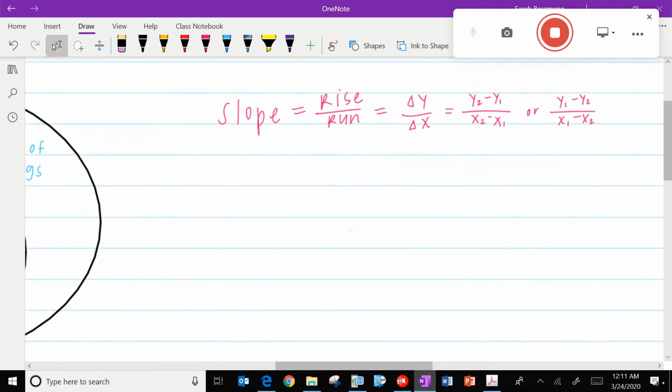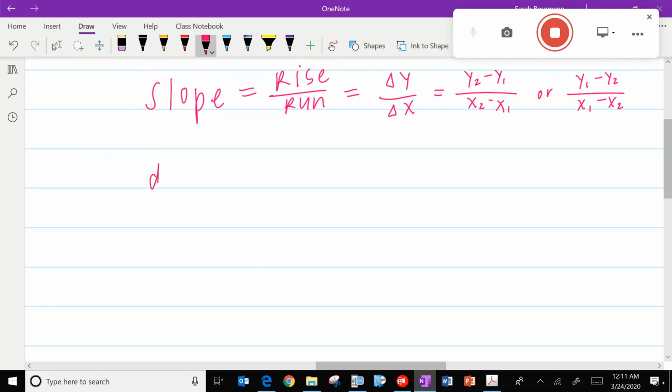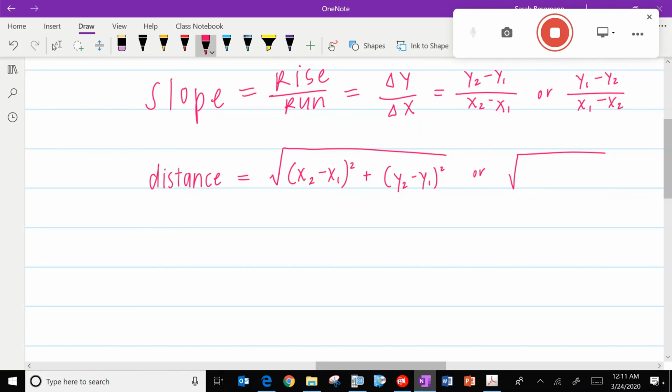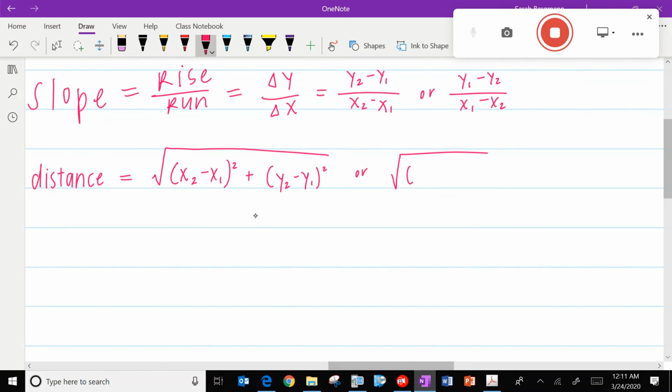Okay, next let's do distance formula. Distance formula, remember, you can always use Pythagorean theorem instead. It's basically the same thing. What you're doing is you're taking the difference in the x's and squaring it, plus the difference in the y's and squaring that, adding them together. And since you don't want the distance or the length squared, you have to square root both sides. It doesn't matter what order you do your x's or your y's, the subtraction.